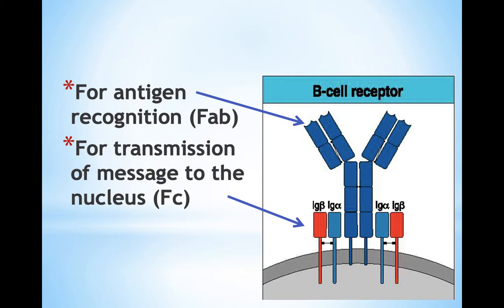Now, since we've mentioned antigen exposure or antigen binding to our B cell receptor, it's important that we also visualize how antigen binding, antigen exposure is involved in B cell biogenesis, and also how antibodies are formed in the case of plasma cells.